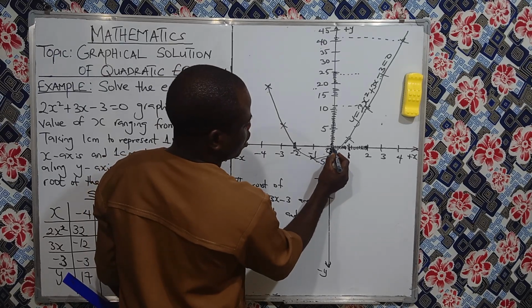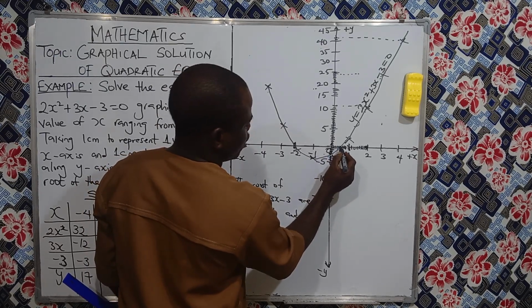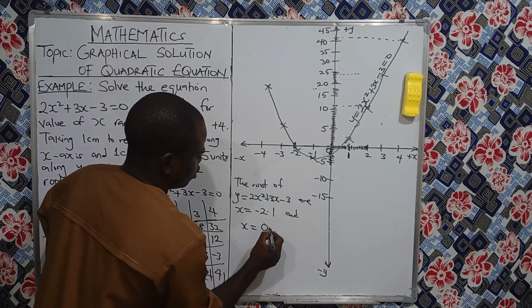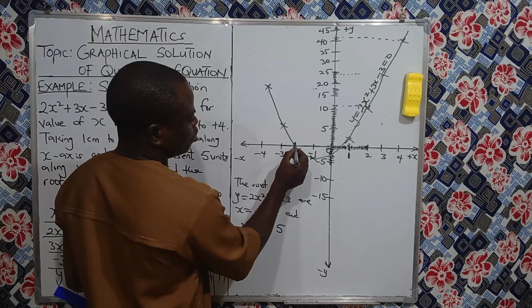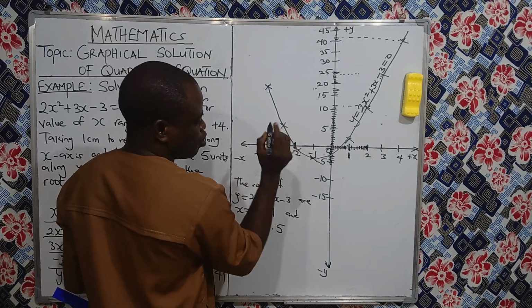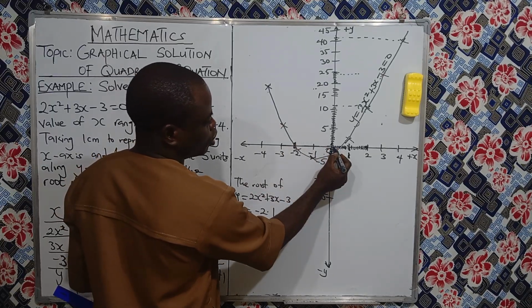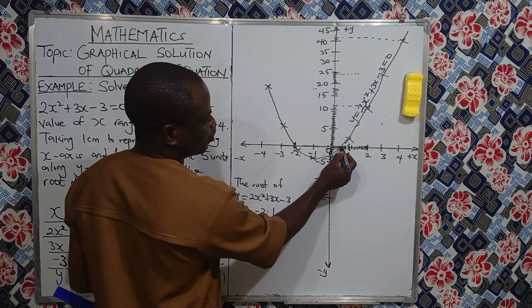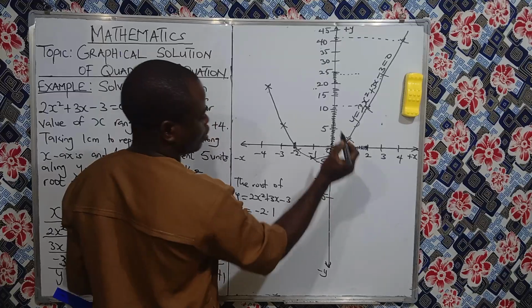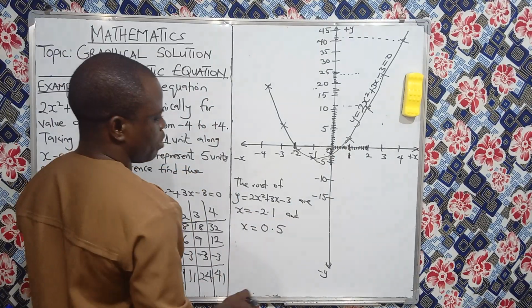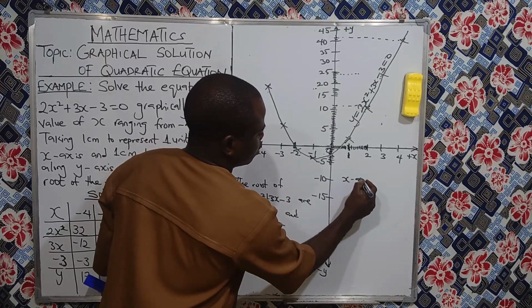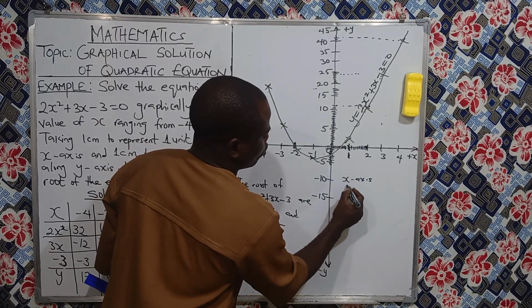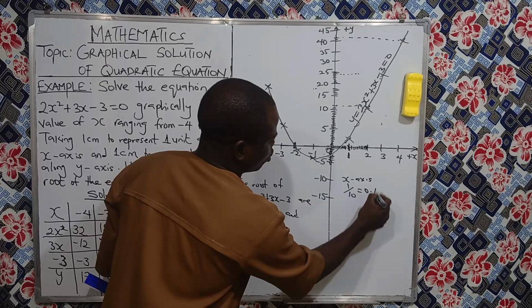And x equals, what about this place? This is 0.1, 0.2, 0.3, 0.4, 0.5, 0.6, 0.7, 0.8, 0.9. That's how to count it. Because on the x-axis, when we divide it, 1 divided by 10 is 0.1.